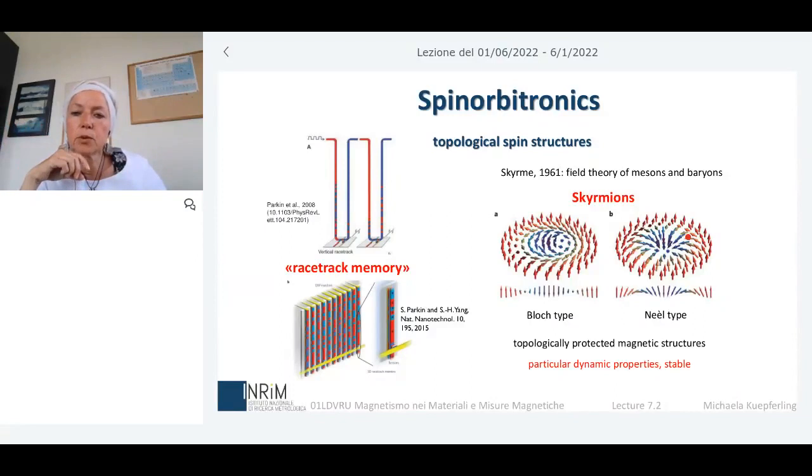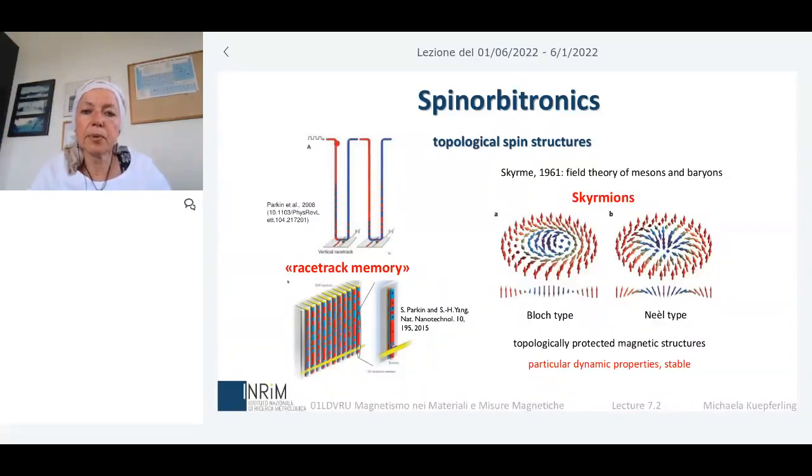And they can be used in dynamic applications, as for example, this racetrack memory. This was already envisioned a long time ago. Here it was thought that, in order not to have to scan with your read head over the hard disk, because this is mechanically quite tricky, one could do it a different way.